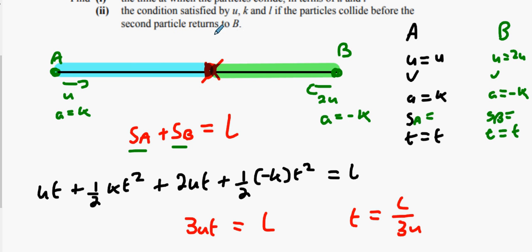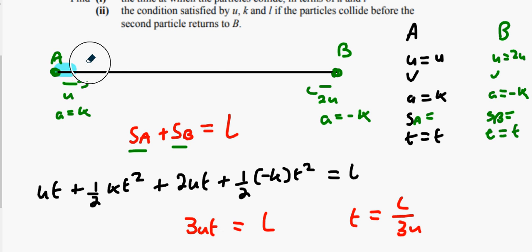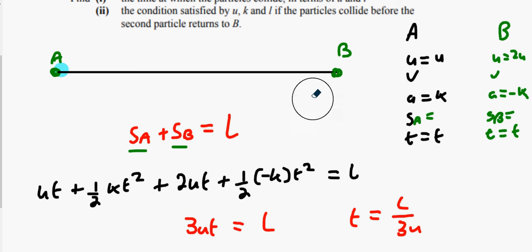When you're faced with a question like this, it's best to think of it as if you know all the numbers. So imagine the scenario where B travels off its line and A is traveling towards it.